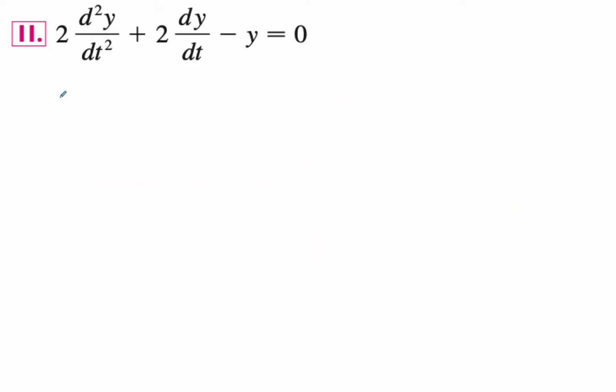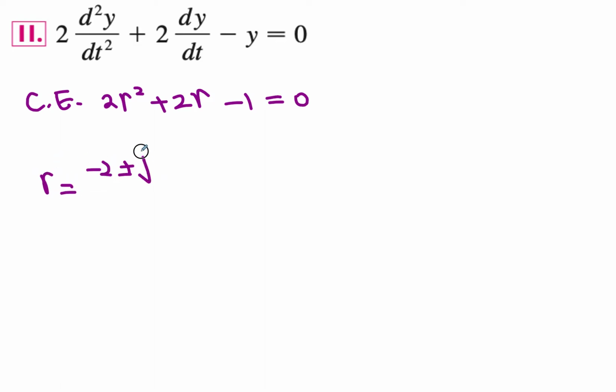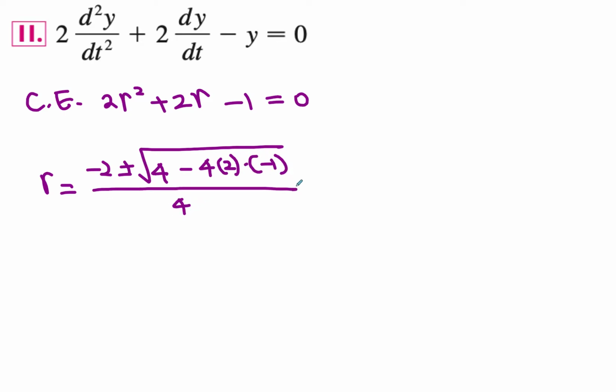In this case, we have our characteristic equation 2r squared plus 2r minus 1 equals 0. In this case, it's not factorable, so why don't I just use the quadratic formula here? Then r will be equal to negative 2 plus or minus the square root of 4 minus 4 times a, which is 2, and c, which is negative 1, all over 4.